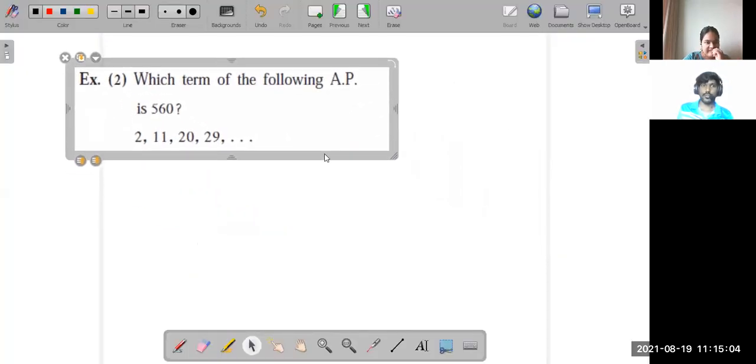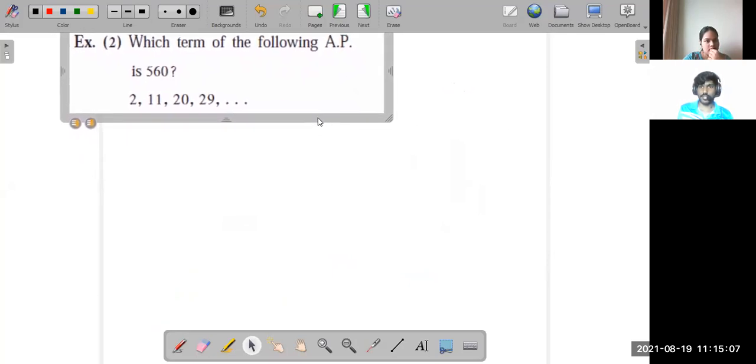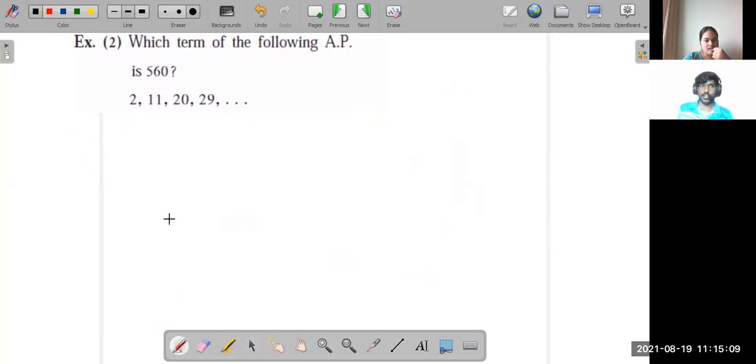Which term of the following AP is 560? They are asking which term is 560. First term is 2, second term is 11, then T3 is 20 and so on. So they are asking 560 is in which position? Is it the 20th position, 30th position, 40th position? You have to find out n. Is this clear?